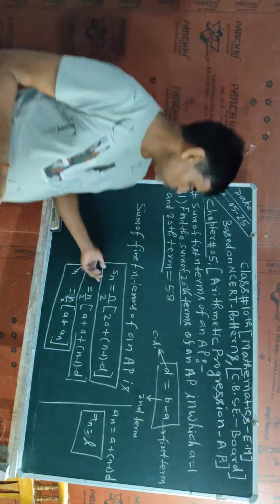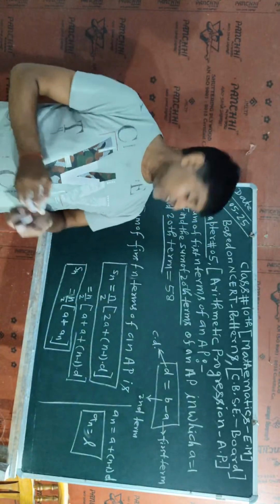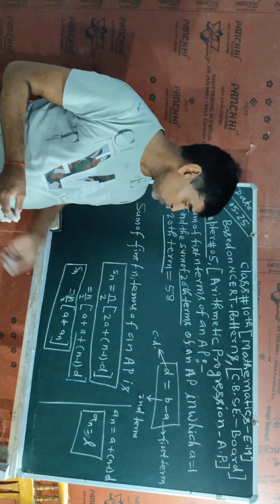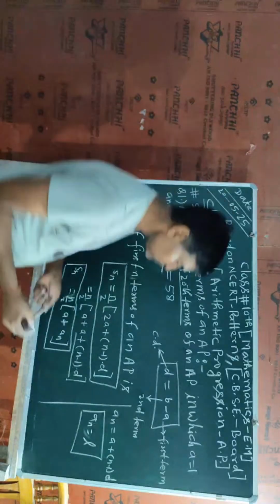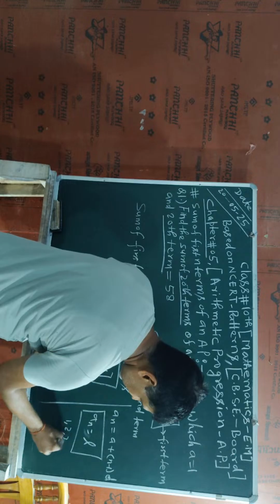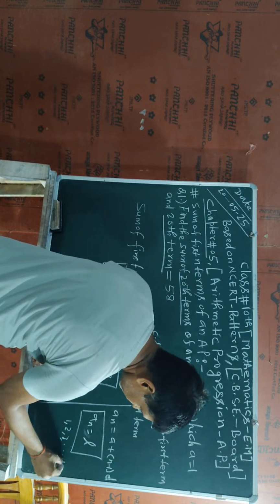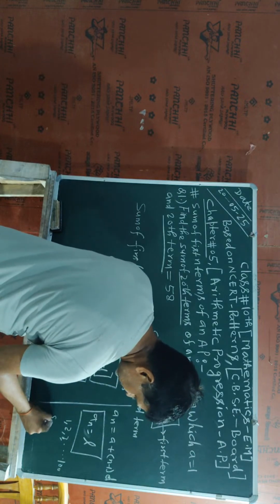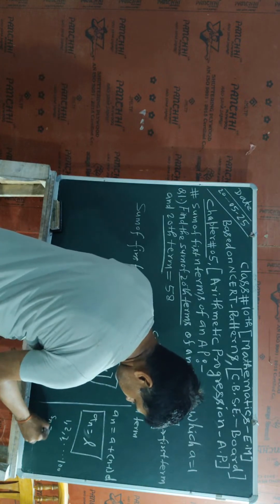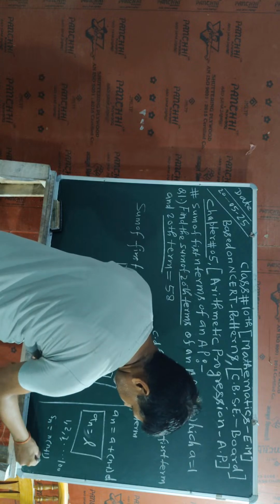If you want to get the sum of n terms, I can use this formula. In particular, if anyone asks you to add 1, 2, 3 up to 100, this sum can be obtained by the formula n into (n plus 1) divided by 2.